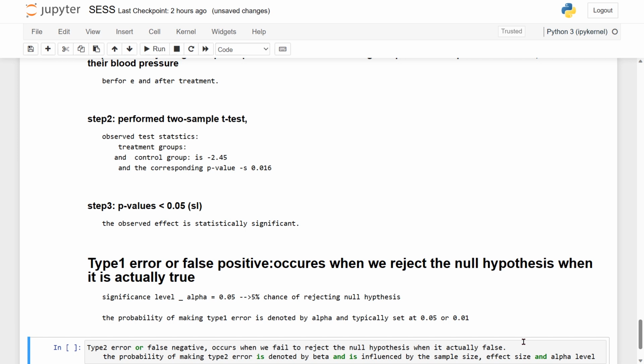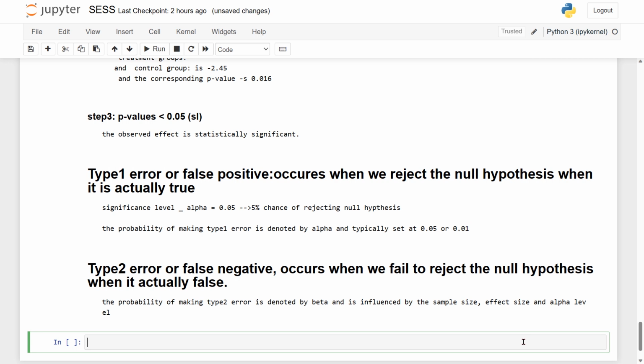If you lower the significance level alpha, if you reduce it, then lowering the significance level can reduce the probability of making a type 1 error.